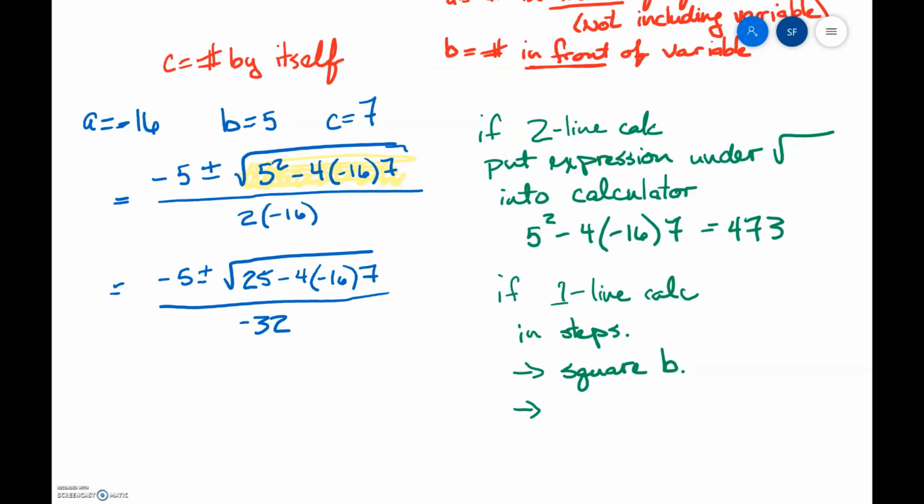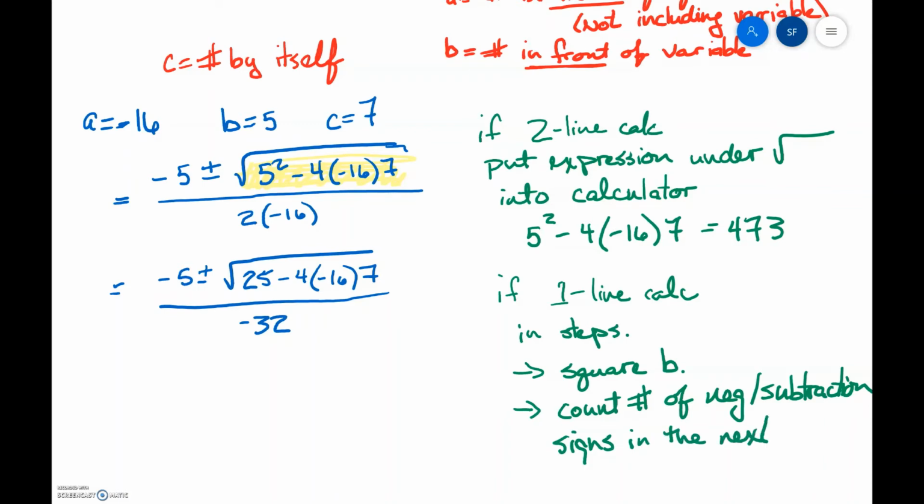Okay, so here's the next part, which is kind of tricky. After the squared b, for the next three numbers, count the number of negative or subtraction signs in the next three numbers.